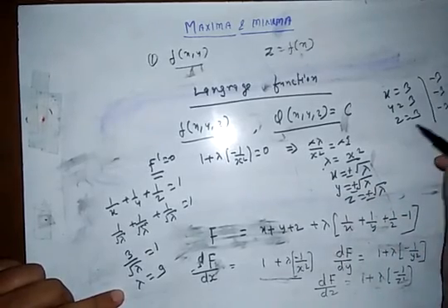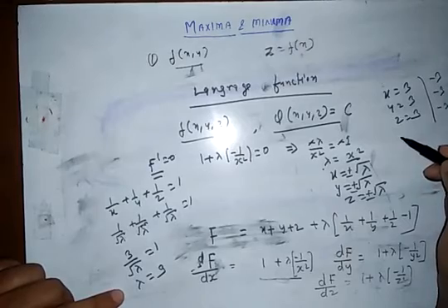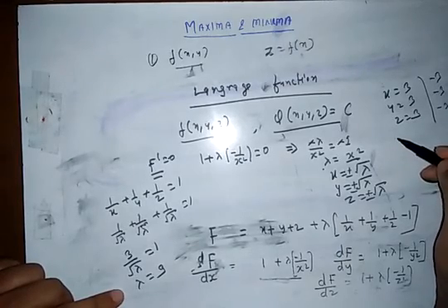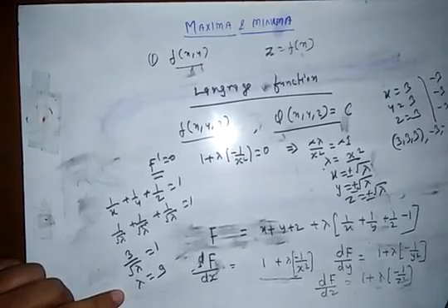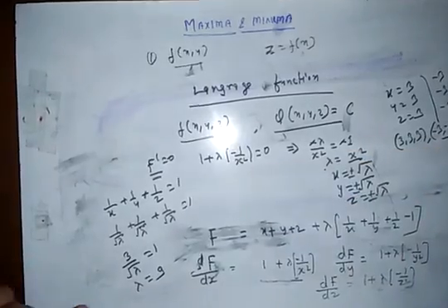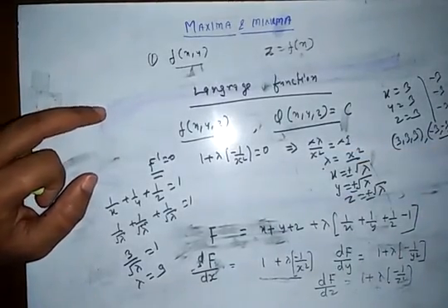So you will see two values, two stationary points. First is 3, 3, 3, and another is minus 3, minus 3, minus 3. These two stationary points you will put in the function to find the maximum value.